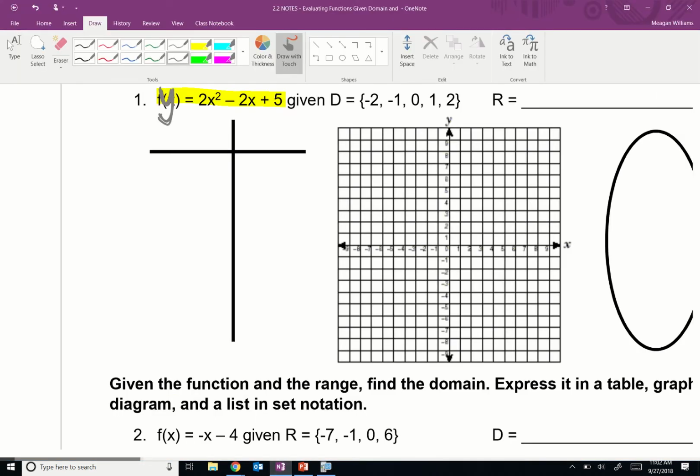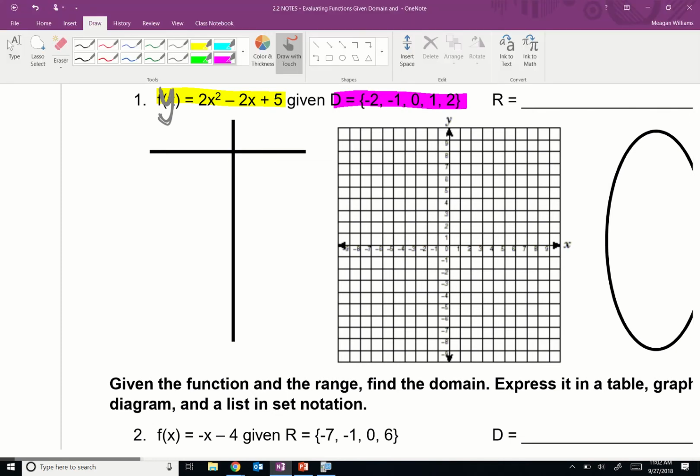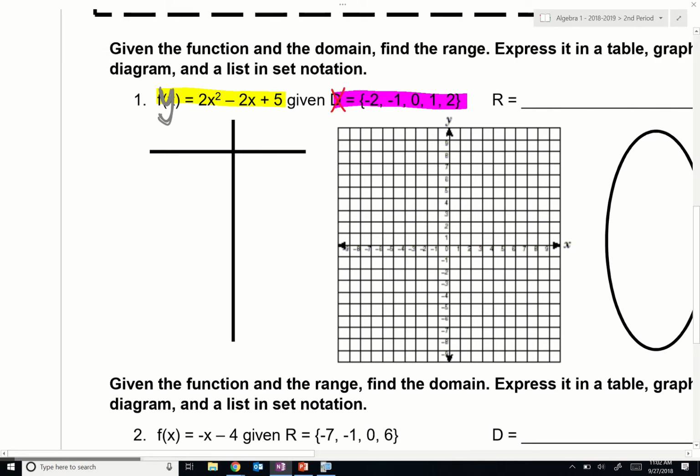What does it give you for this problem? The domain, which are my x's. Good job, Talon. In the table you're creating, I want you to write all of your x's on the left side of your table. So you've got -2, -1, 0, 1, and 2.